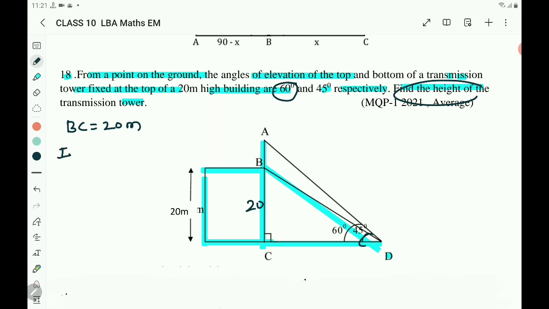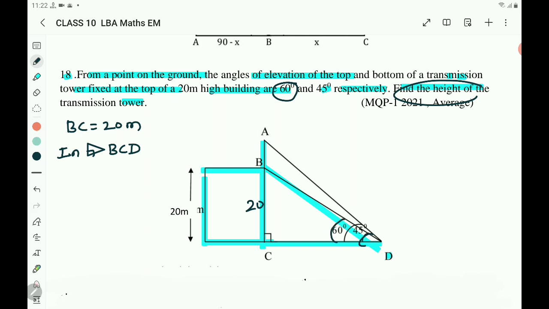Then in the right angle triangle BCD, what we have to find out? Find CD. If you got CD, then you can find the complete length AC to get AB. Then, what is the angle of elevation here for the triangle BCD?